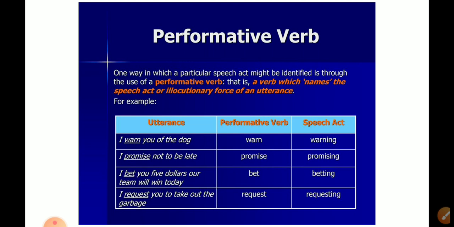That is, with the help of these verbs, you perform certain actions. So when you say, I promise not to be late, you really mean it, and you promise someone. So the act of promising. When you say I warn you of the dog, so beware of the dog, the speech act is of warning someone. So these verbs, warn, promise, bet, request, etc., are performative verbs.